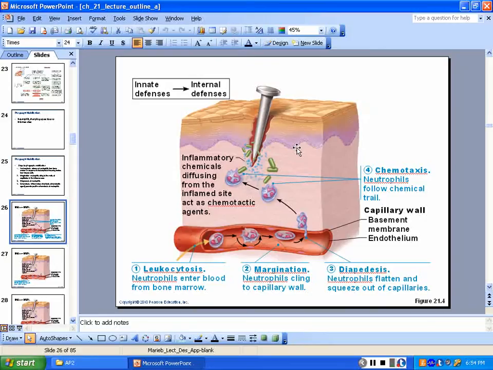The internal wall of the capillary. Because it can't get out if it's moving real fast through the blood, correct? So what happens is it starts to stick to the capillary wall, and then it will squeeze down and crawl out. And that's called diapedesis, which we did mention before.